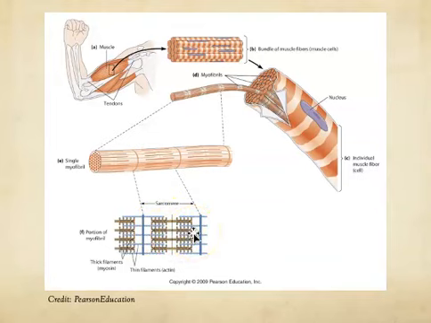Many sarcomeres together make up a myofibril. Many myofibrils together make up a good part of a muscle cell or a muscle fiber. Many muscle fibers together make up what we think of as a muscle.